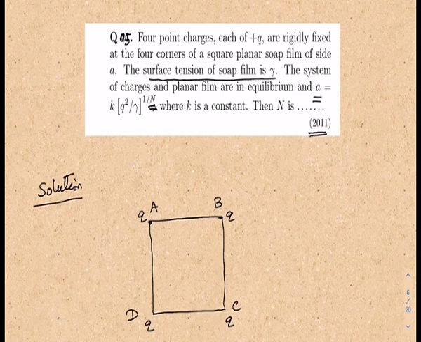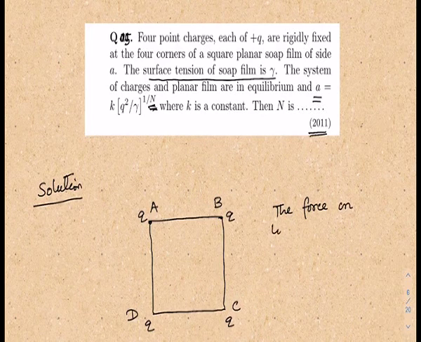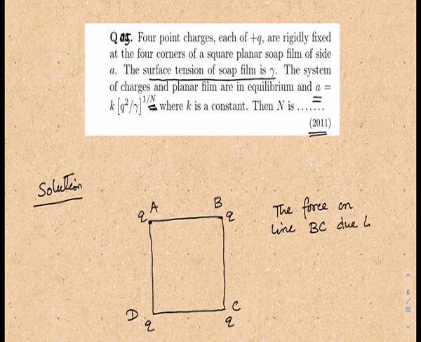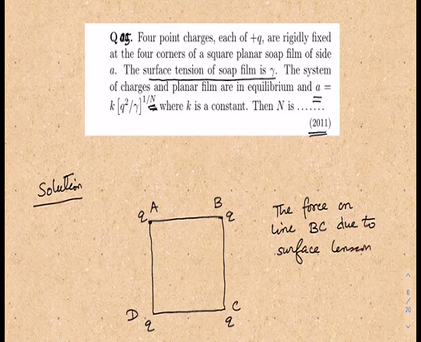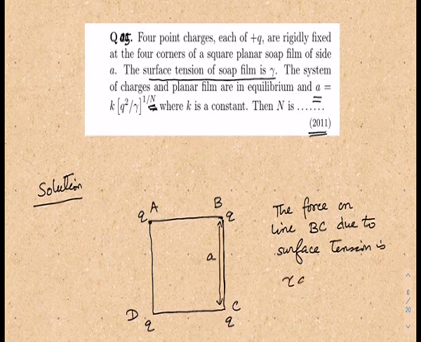So if I look at the side BC, the force on line BC due to surface tension is, because this is a, this is a, simply gamma a, and it would be along this direction.